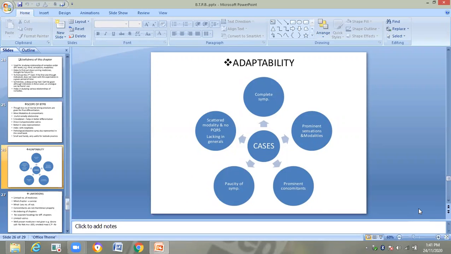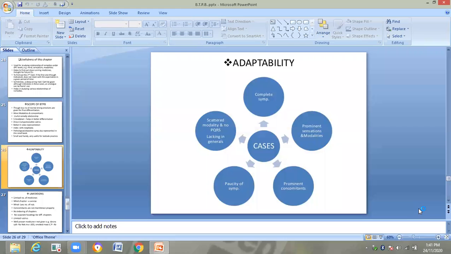The case which is lacking in generals. So in these types of cases, we can use this BTPB for repertorization purpose.